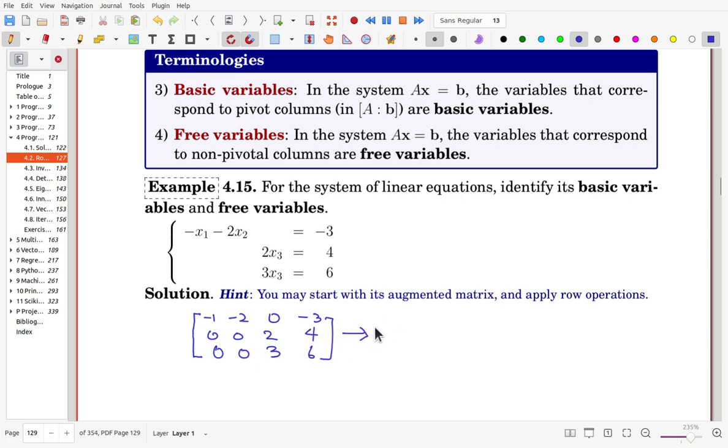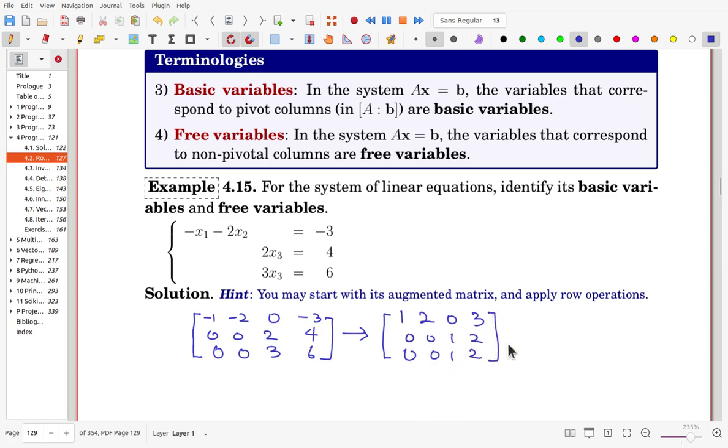Okay. Now here we apply scaling: divide by 2, divide by 3, and also multiply by -1. Then that is 1, 2, 0, and 3. This is 0, 0, 1, 2, and 0, 0, again 1, 2.